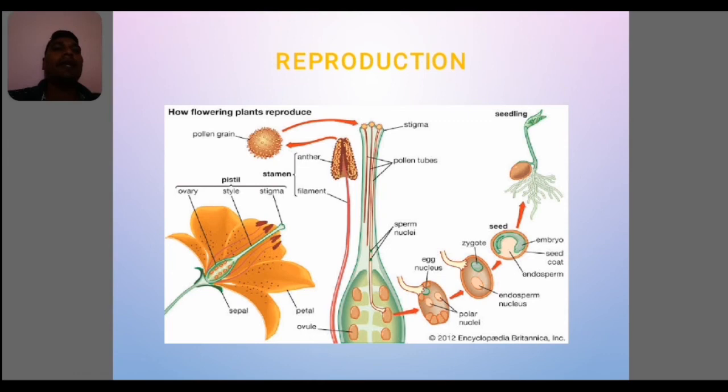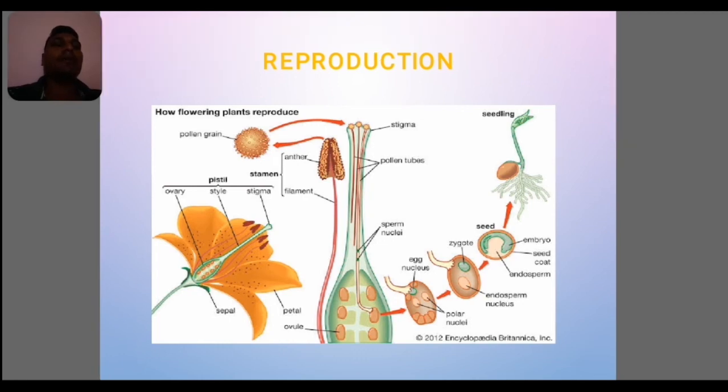So that is the complete process of reproduction in flowering plants. All these processes require the complete lifespan of the angiospermic plant, and it varies from plant to plant. So that complete procedure comes under reproduction in flowering plants.